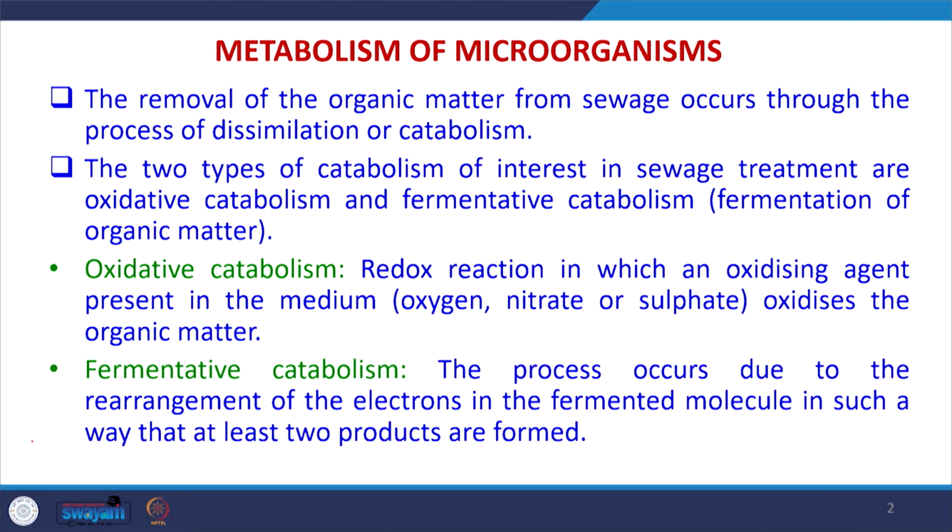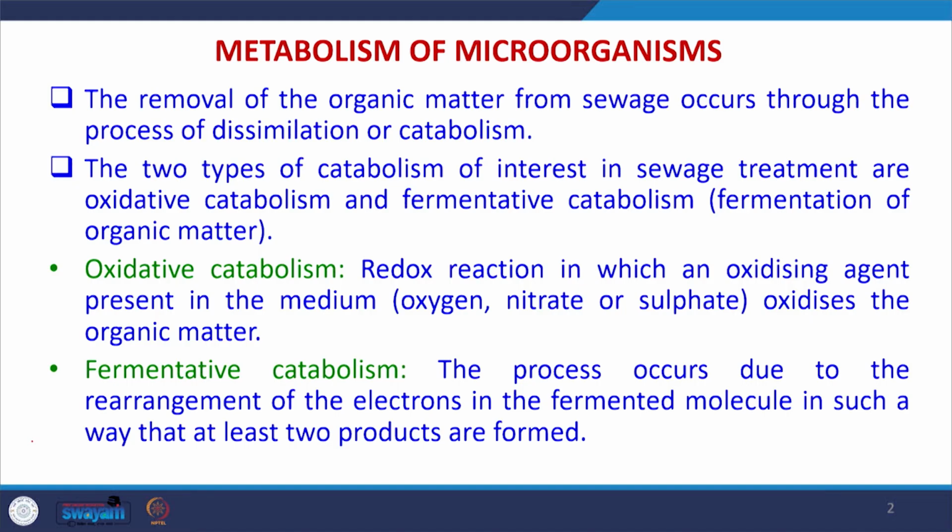So, the removal of organic matter from sewage occurs through a process of either dissimilation or catabolism. There are two types of catabolism of interest in sewage treatment, one is the oxidative one and another is the fermentative one. Fermentation of organic matter via catabolism is very common, and similarly oxidative catabolism is also common.